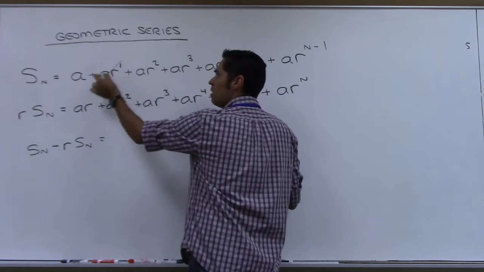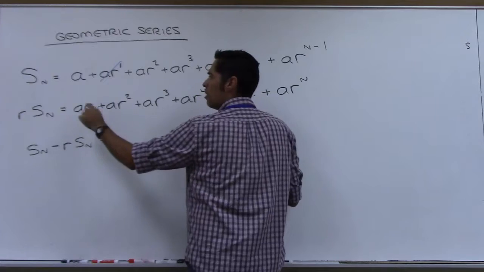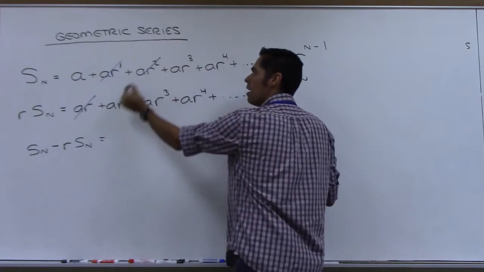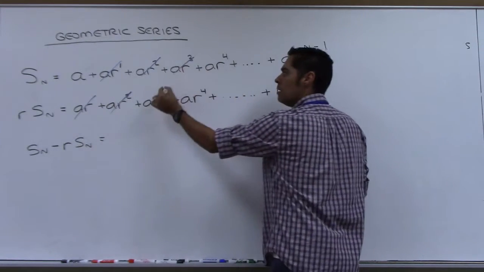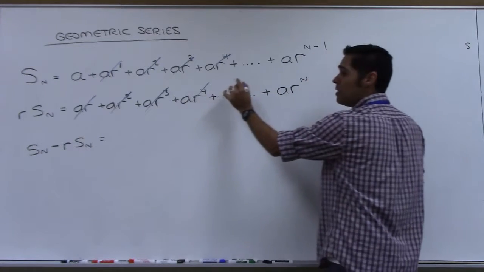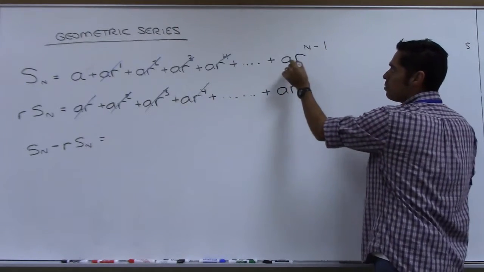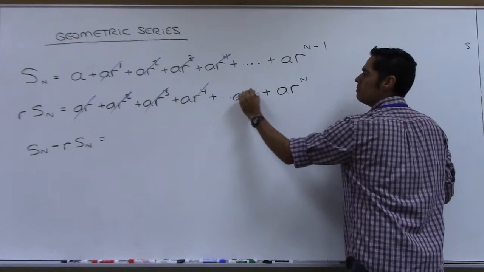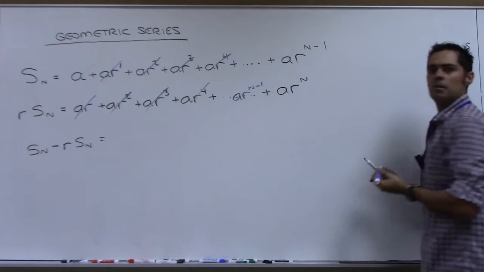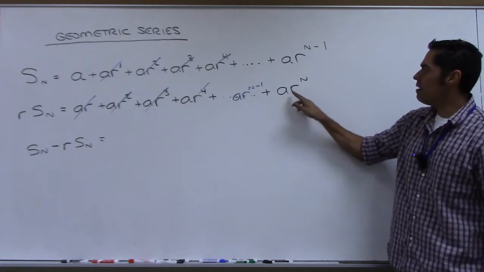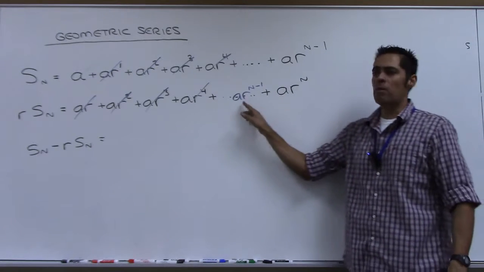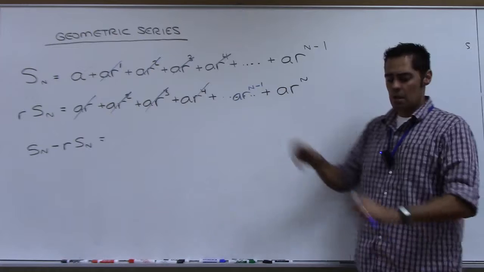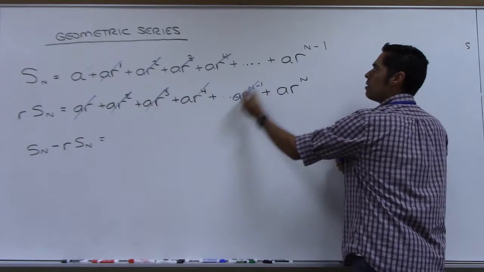But this ar subtracting this one, that's gone, right? ar squared, gone. Gone, gone, gone, gone. No, not everything. This one right here, isn't this one the one right before this one? If this is ar to the n, then the one right before it is ar to the n minus 1. So these two will cancel, won't they?